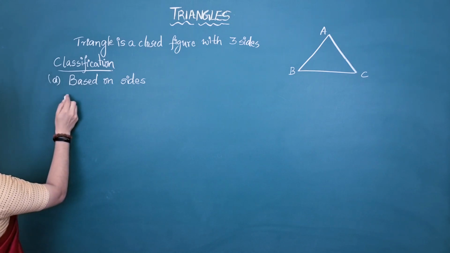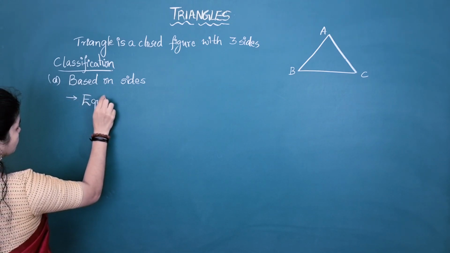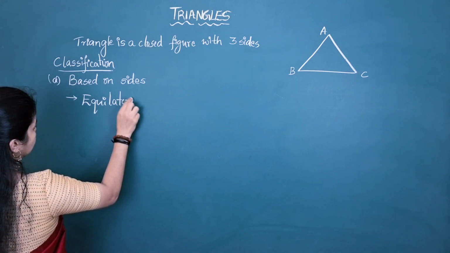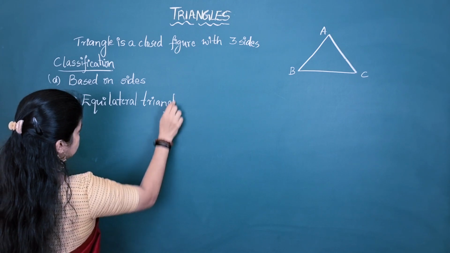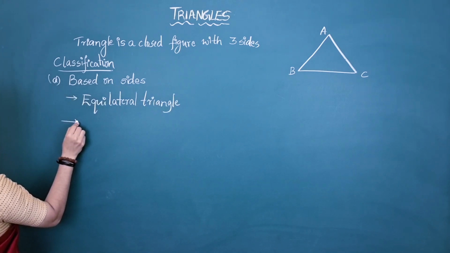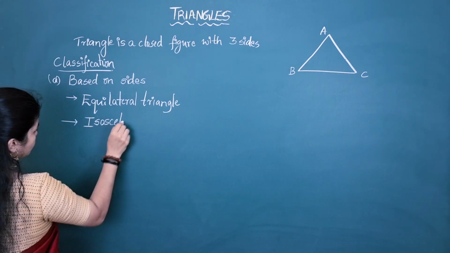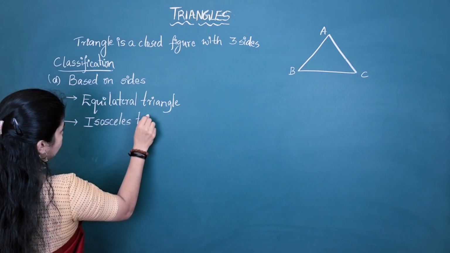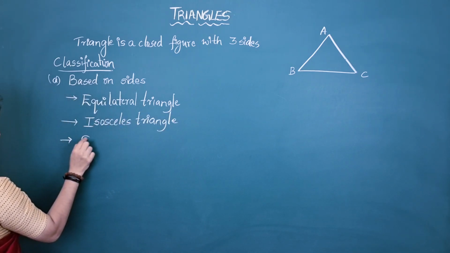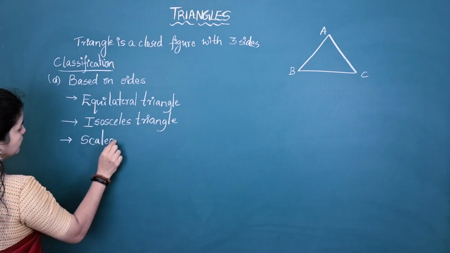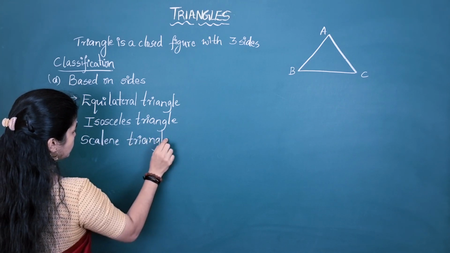So based on sides, we have equilateral triangles, and the second type, isosceles triangles, and the third type is scalene triangle. So this is one kind of classification.